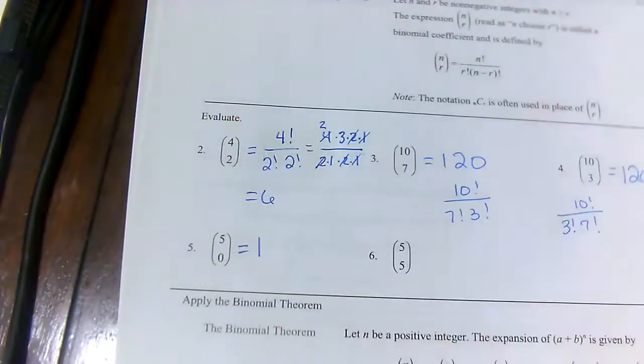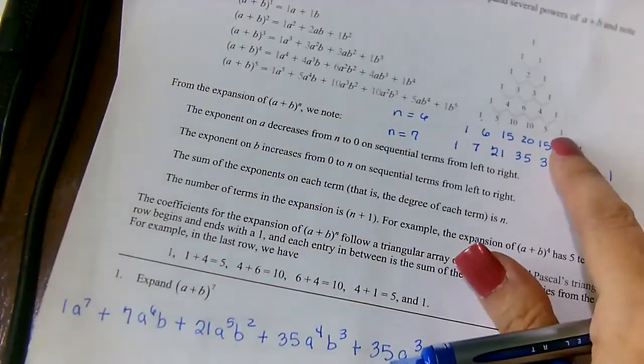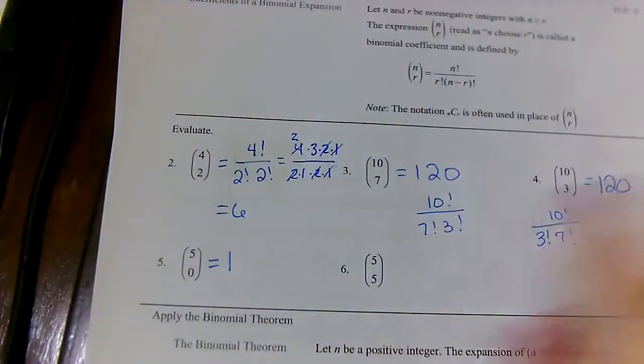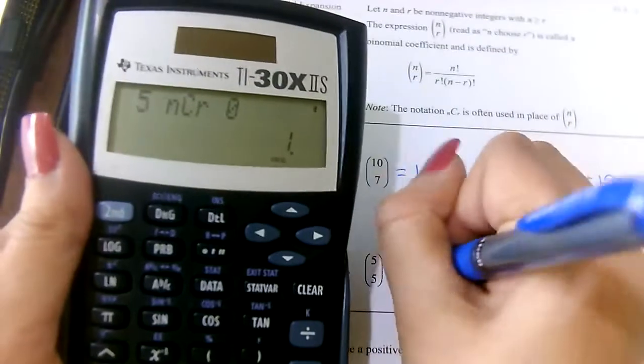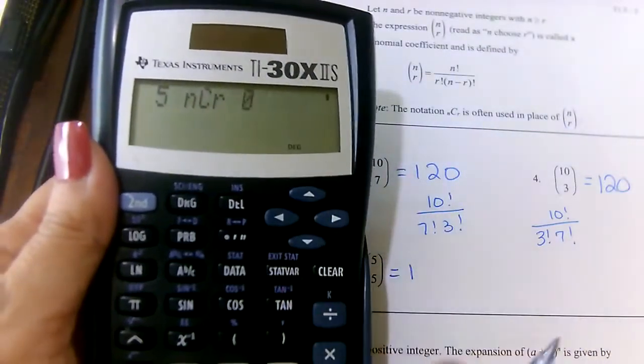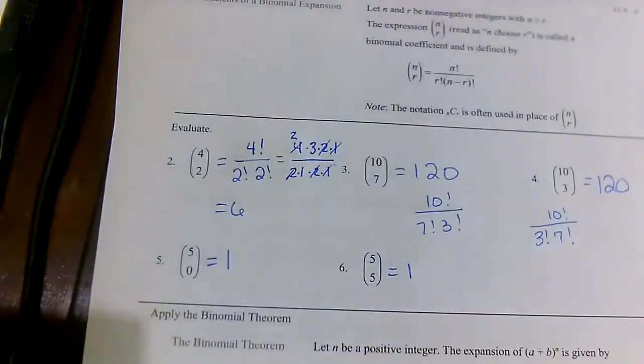So here's going to be 1. And the same thing if you choose all of them. If all of them here has 5 B's and no A's, it's saying 5 out of 5. That's also going to be 1. I'm going to use it up here again, and I'm just going to change the second number to a 5, and you can see that that also equals a 1. That's why all of the 1s are on both sides.